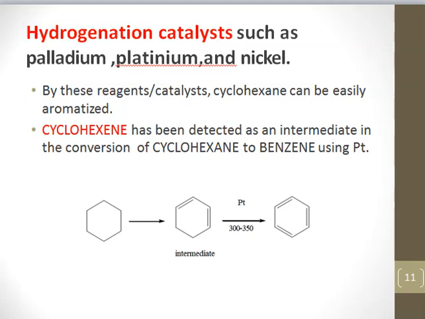So when you start with cyclohexane, the first step is generation of a carbon-carbon double bond, and in the next step the cyclohexene is converted into cyclohexadiene. So cyclohexadiene has been confirmed to be an intermediate in this reaction. So in this specific case we have platinum as a catalyst, and we are using a temperature of 350 degrees C. So this is the overall temperature of the reaction mixture, not for that specific reaction.